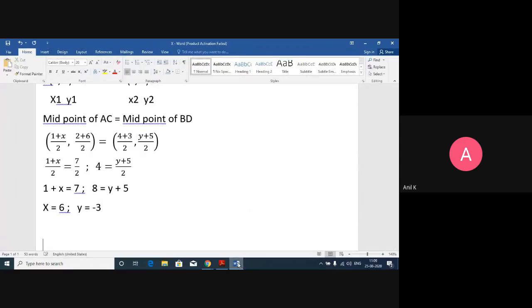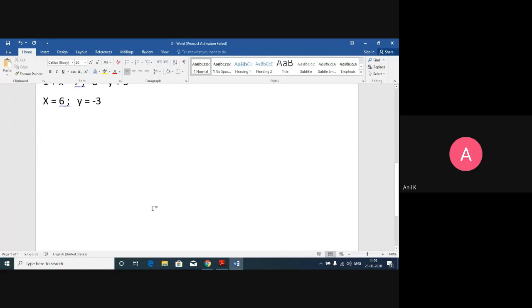So here also I am going to use the midpoint formula only, because if I take AB as a diameter and C is the center, we know diameter passes through the center. Everyone agree? Diameter passes through the center, then C is the midpoint, because from the center to any point on the circle, CA is a radius and CB is also a radius. So C is the midpoint. I can apply the midpoint formula.